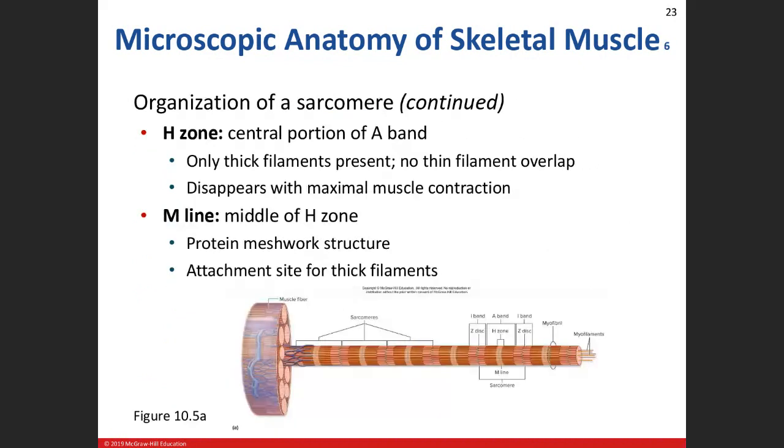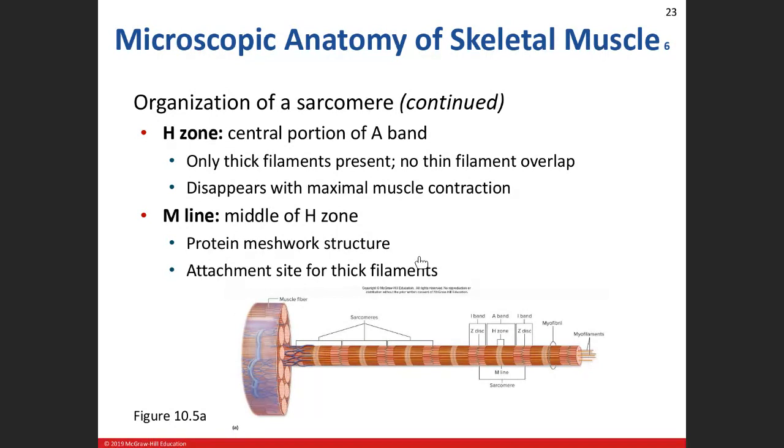So if I show you a picture here, that's what we're seeing on this diagram. We've pulled out, again, our myofibril from our muscle cell. And basically, here's one sarcomere. Then there's one next to it. Then there's one next to it. We're just stacking them end to end to end.